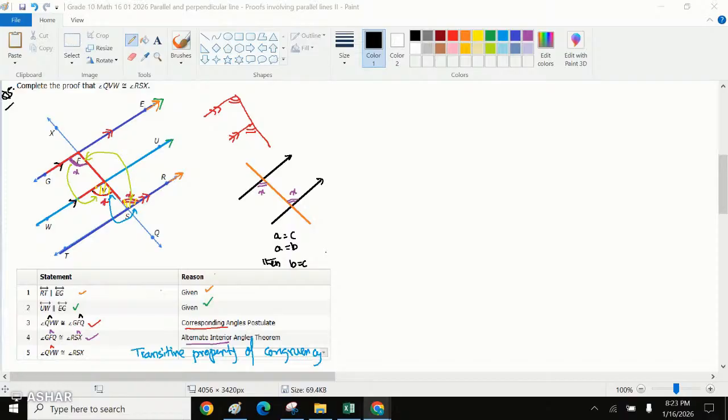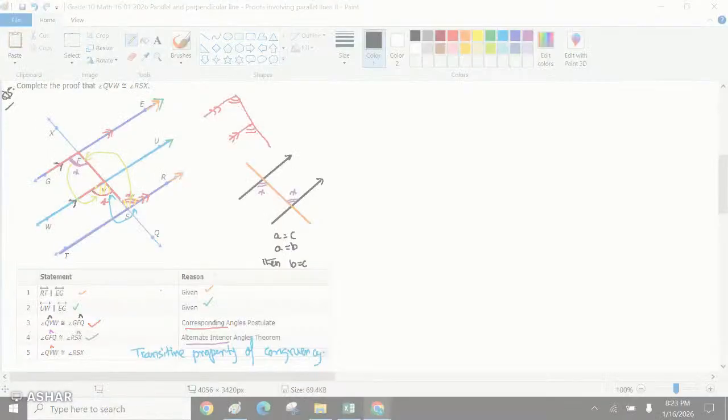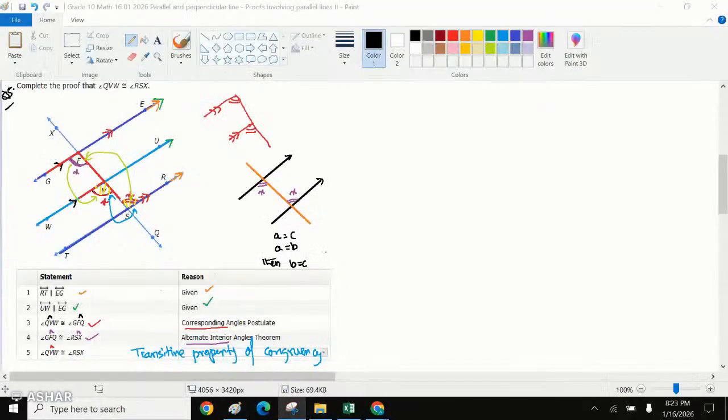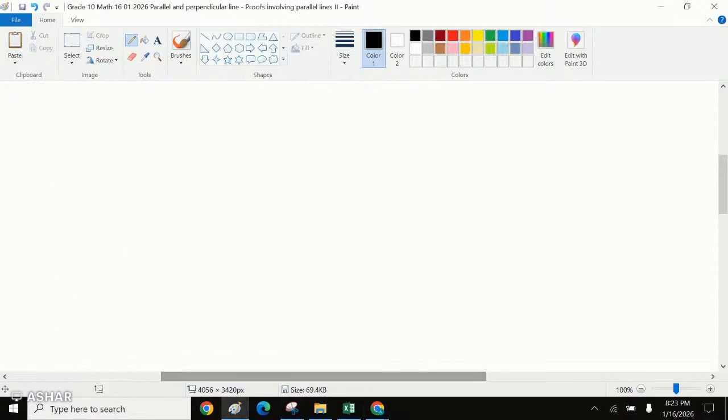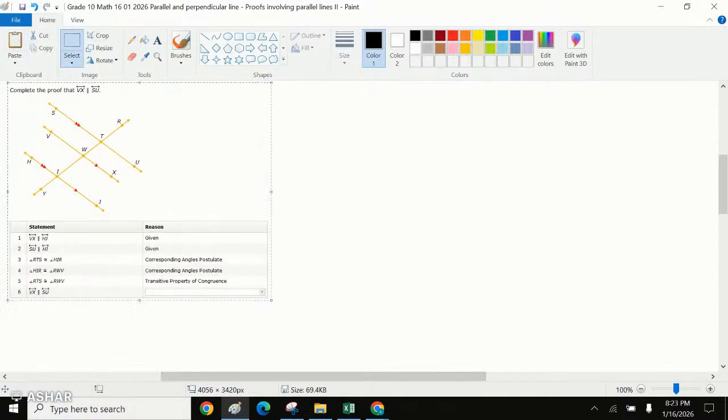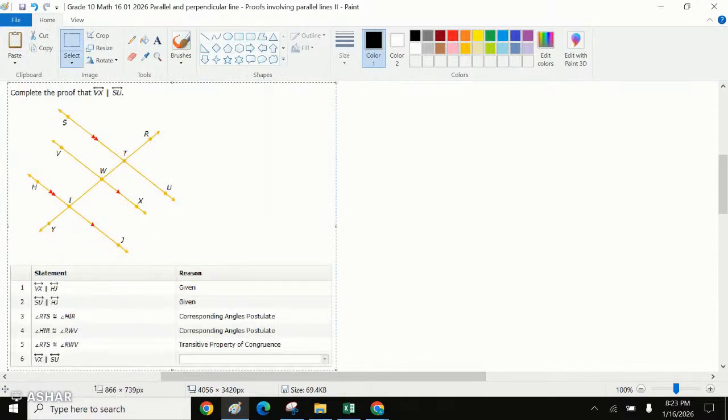Moving ahead to the next question, question number 6. Question number 6 says, complete the proof; these are the given conditions. Let me just copy this. This is our question number 6, okay? So over here, they're again saying the same thing.